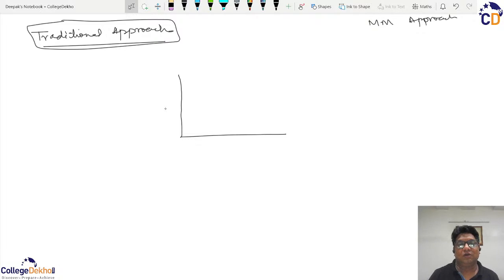So if we recall those theories, on the x-axis we denoted the leverage and on the y-axis we denoted the cost, and we always said that the KD was less than KE.